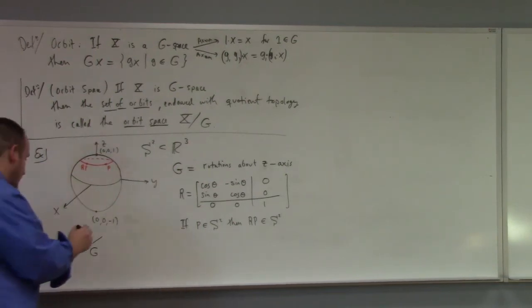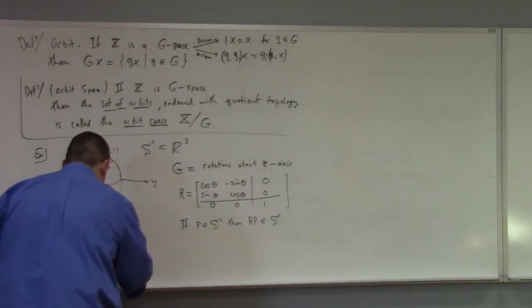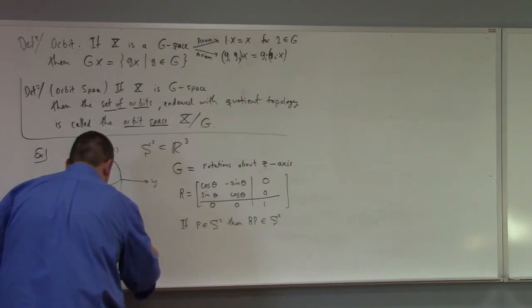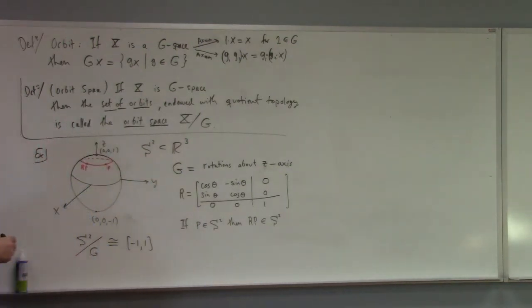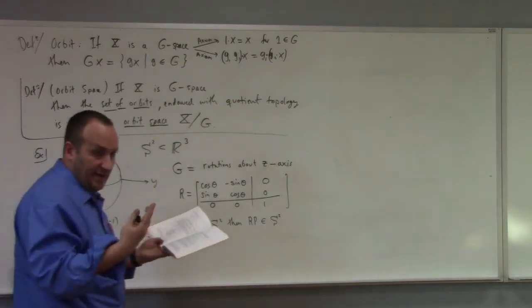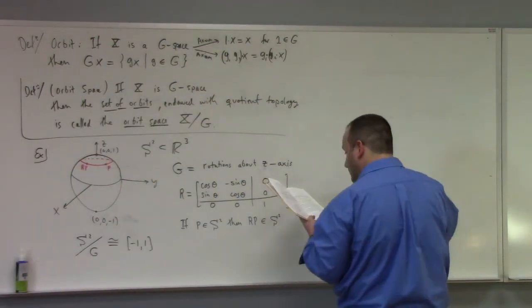This is homeomorphic to, he says, [-1, 1]. Which makes a lot of sense, right? But we can prove this. It's not just a picture. There's a specific proof, and here's the specific proof. And this will tie back into what we did last time.